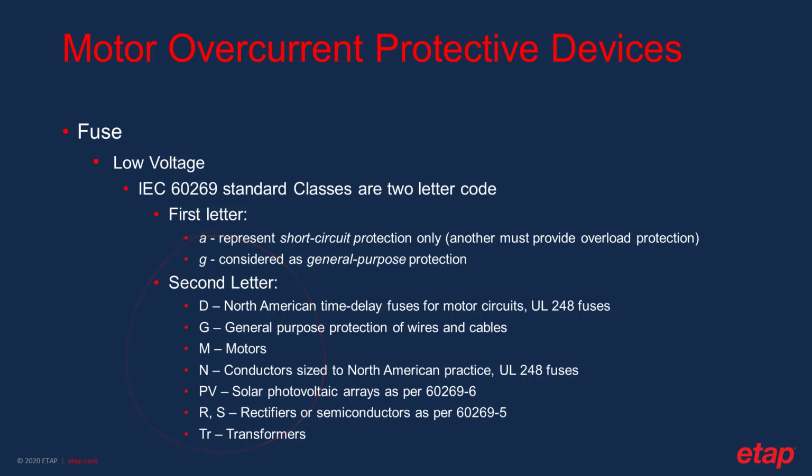So D is representing fuse which would be equivalent to North American fuses for motor circuits, UL 248 fuses, and the G for general purpose, and M is for the motor. So this means for the IEC fuses, if we want to use any fuse, it should be typically aD, aG, or aM, right? Or gG with the combination of these if you cannot find any equivalent one.